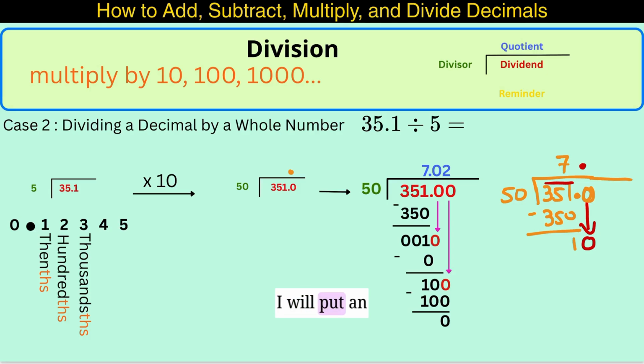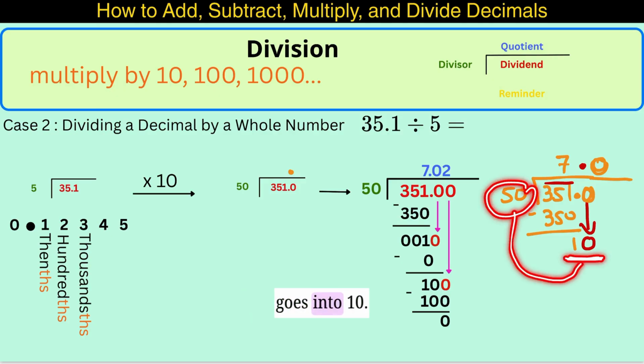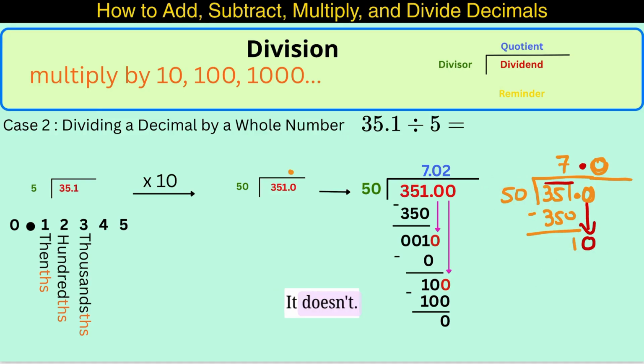So here I will put an automatic 0 in here. Automatic 0. Why? Because technically you can't take a small number and ask, does 50 go into 10? No, it doesn't. So I will put 0 in here.